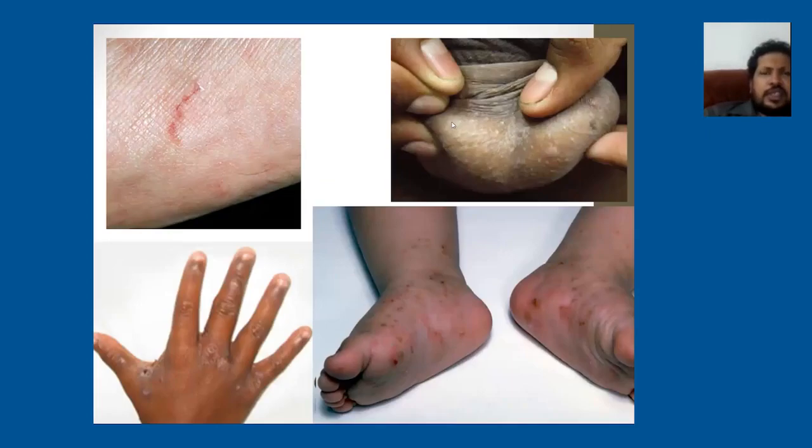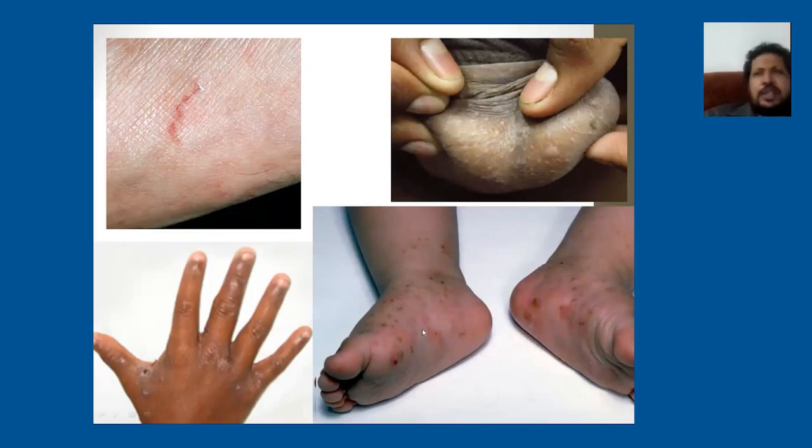So these are the typical features we see in scabies. At the top left, you can see this linear tract, which is called a scabetic burrow, which is pathognomonic of scabies. So if you see this, you're certain that this rash is scabies. In smaller children, because the palms and soles are not very thickly keratinized, you can have scabies involving the palms and soles quite a lot as well.